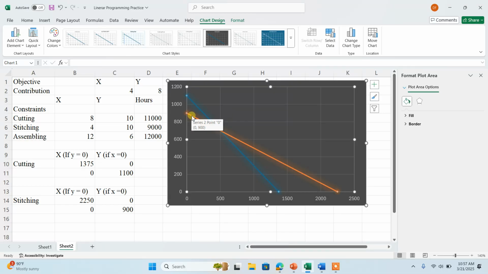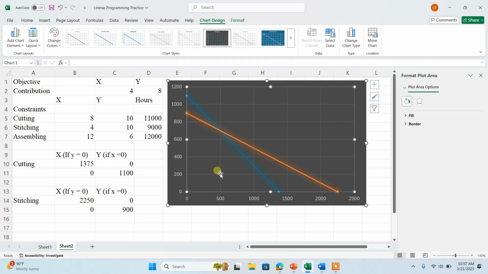Similarly, if I want to produce this combination, I cannot, because for this combination I have enough hours in the stitching department, but I don't have enough hours in the cutting department. Now my constraint is like this one. This line is the maximum point, and this is the other one.